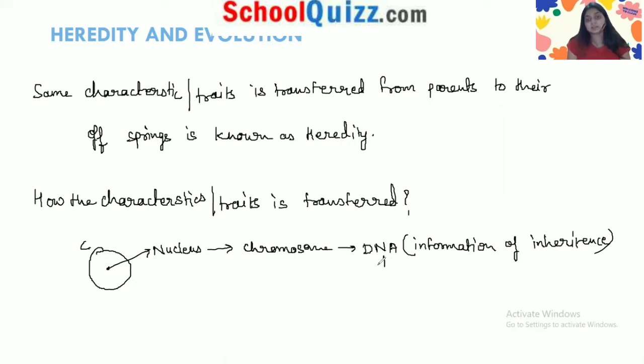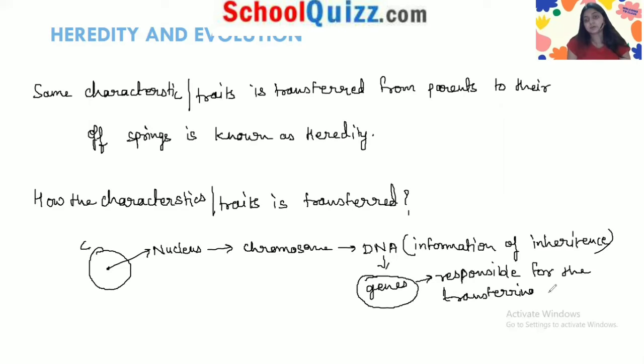And in a DNA there are genes. So these genes are important. These are responsible for the transferring of traits from parents to their offspring.